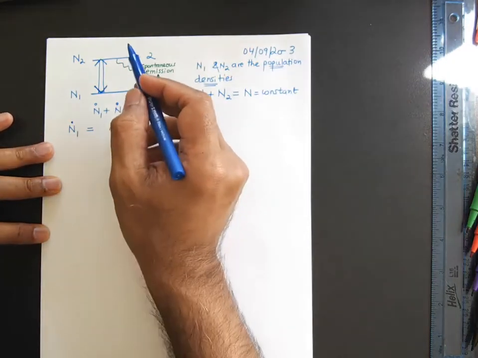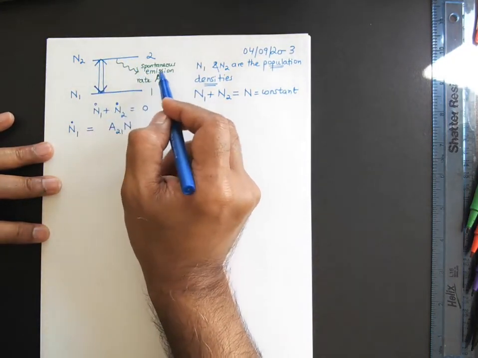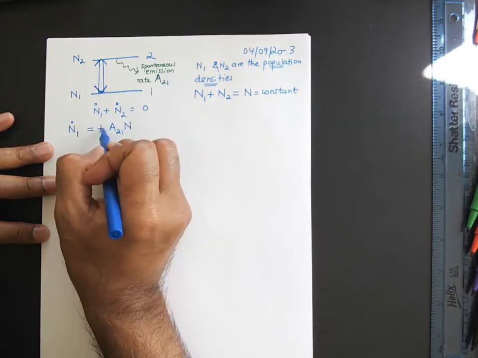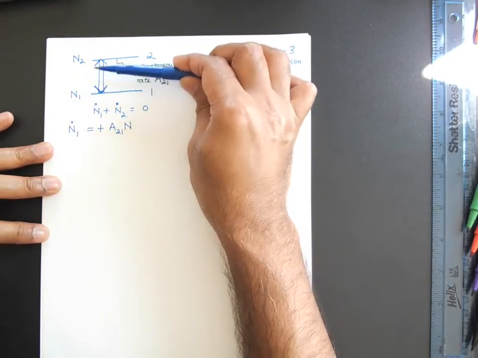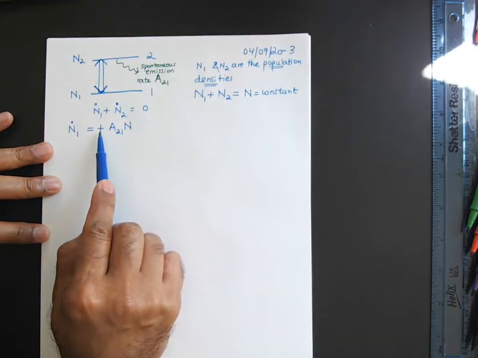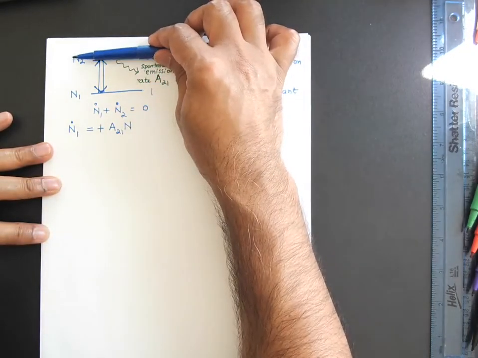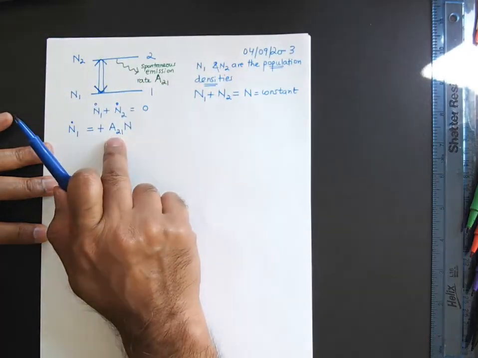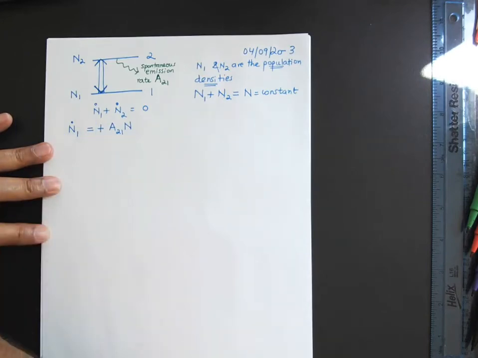The number of atoms in level 2 multiplied by the spontaneous emission rate gives me the number that moved into level 1. And it's a gain, hence the plus, right? You see what I mean, okay?